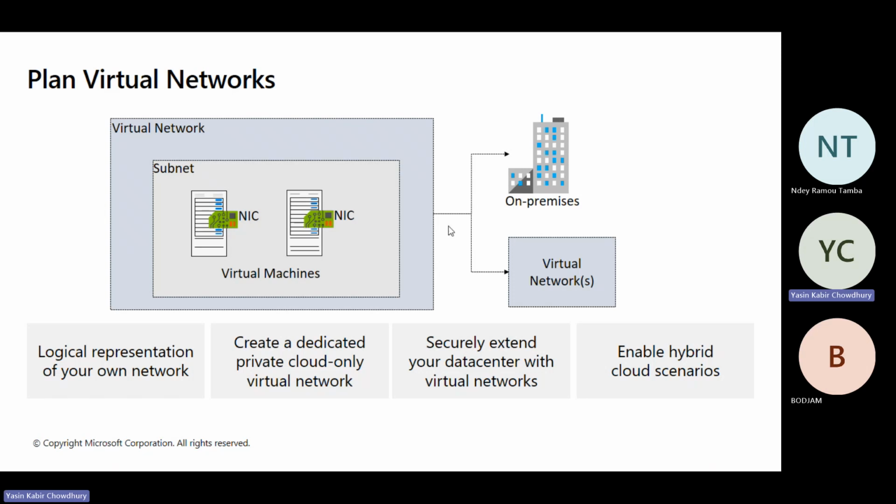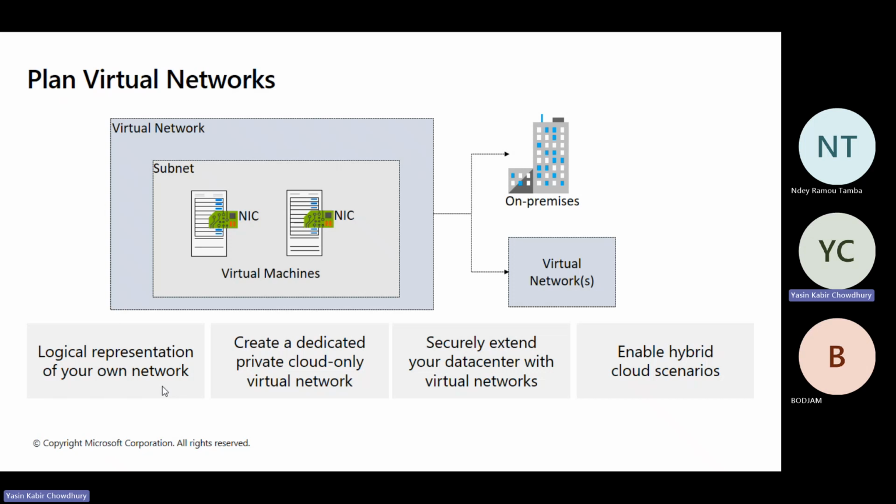Suppose on premises you have two departments, HR and management, and in Azure you put the other departments. There must be a connection between them. To establish this connection, you can connect the on-premises network with the virtual network. This is the physical network and this is the virtual network. Both can be connected, and one virtual network and another virtual network can also be connected.